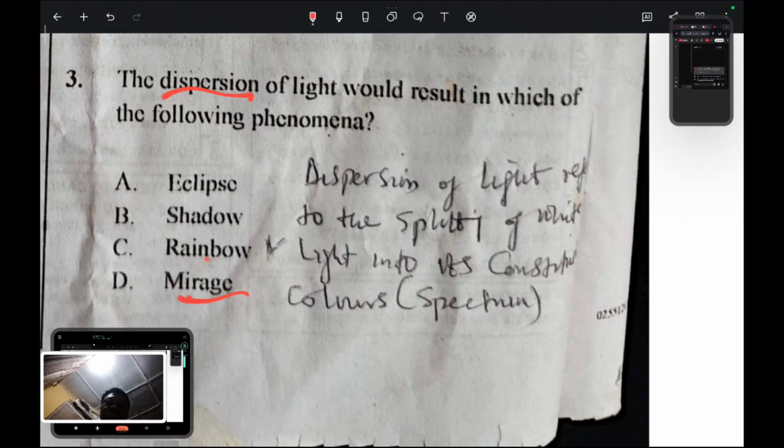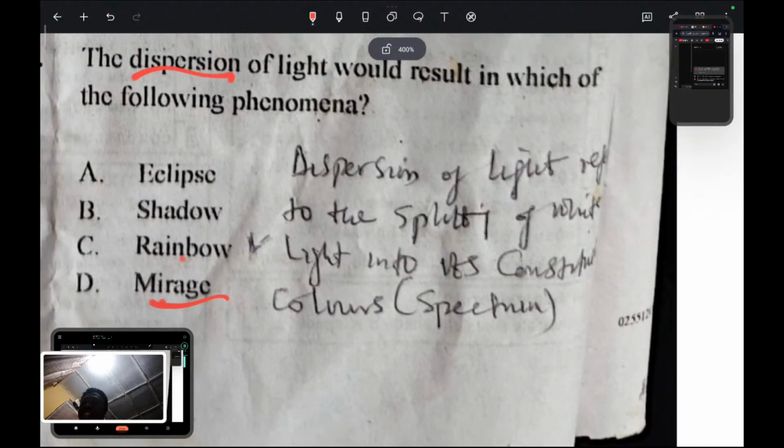But for rainbow, it exhibits total internal reflection plus refraction. So that is why dispersion of light is the splitting, the separation of light into its constituent colors, the separation of light into its own spectrum.